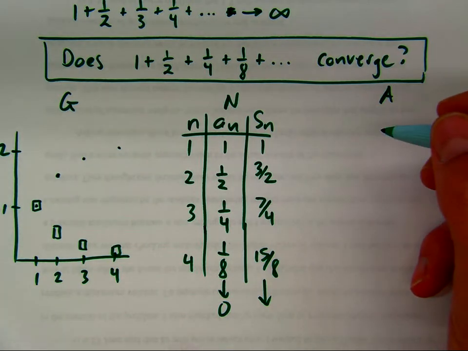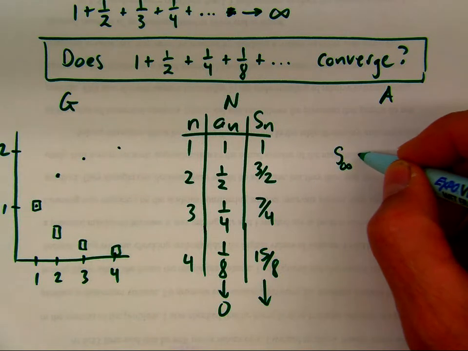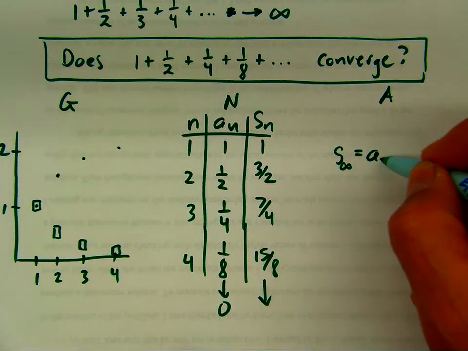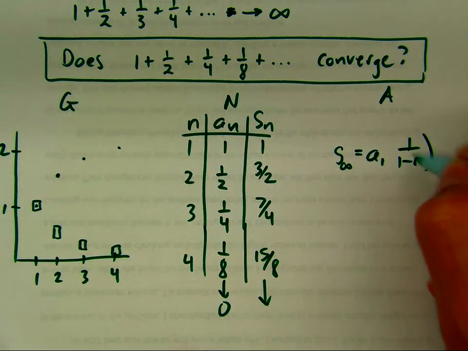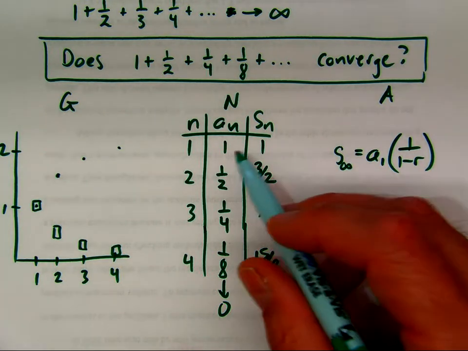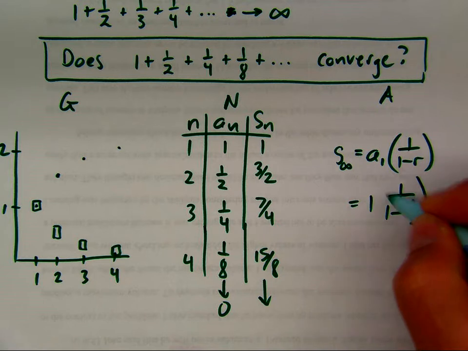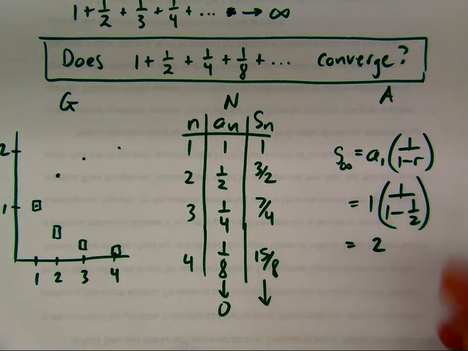And we saw that the sum of infinite terms of a geometric series is A1 times 1 over 1 minus r. And here we have the first term of the sequence. So we already saw how that equals 2.